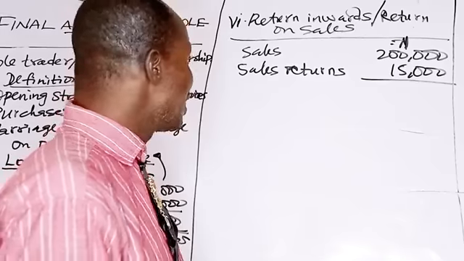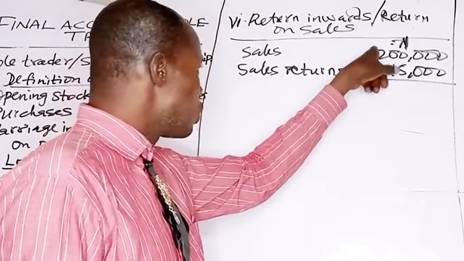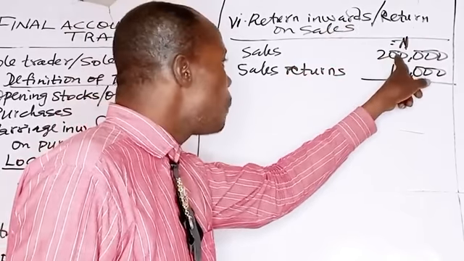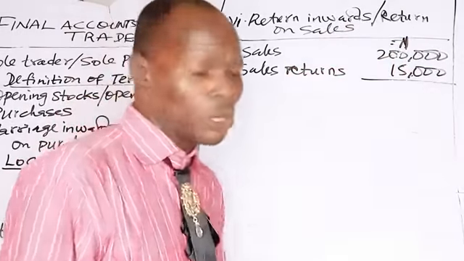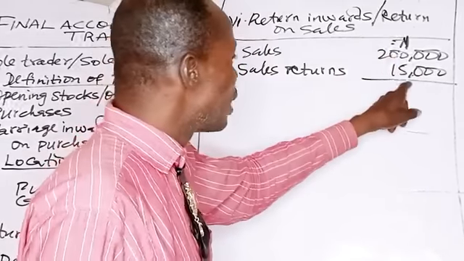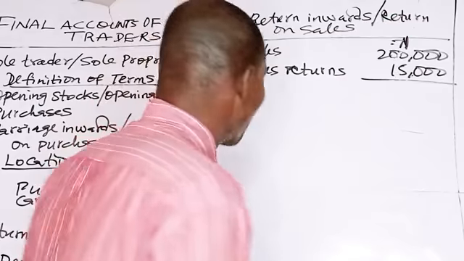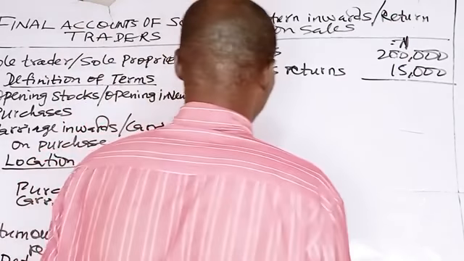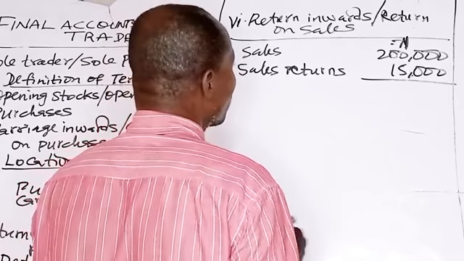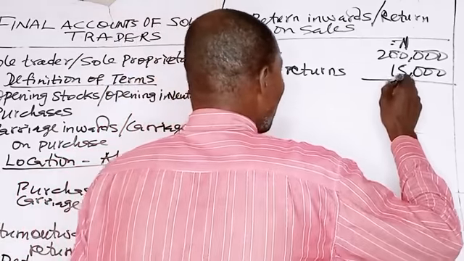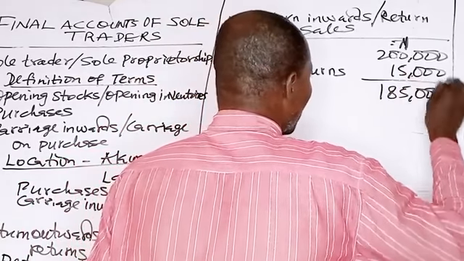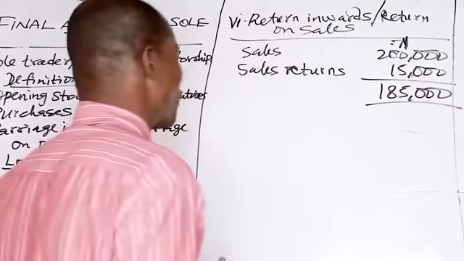This 15,000 has been recorded by you as sales before, so it formed part of the 200,000. Since it was later returned, we subtract it from 200,000. That is why we normally deduct return inwards or sales return from the sales. So the value of goods sold now will be 185,000 naira.